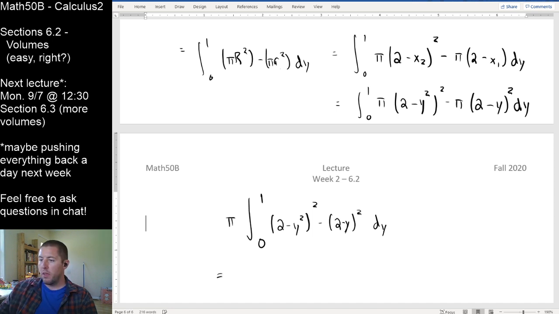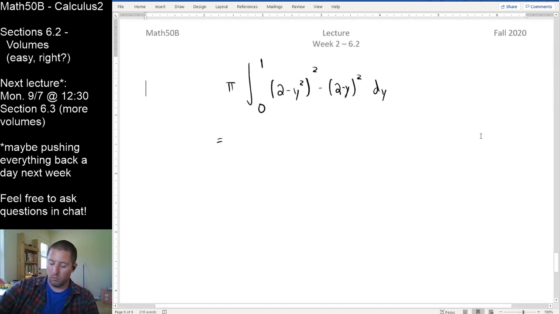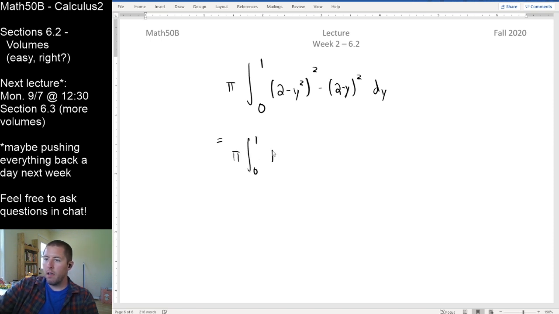Some more algebra that we want to be doing first. So let's expand this guy. 4 minus 4y squared plus y to the fourth minus 4 minus 4y plus y squared dy. Let's group up all of our like terms.